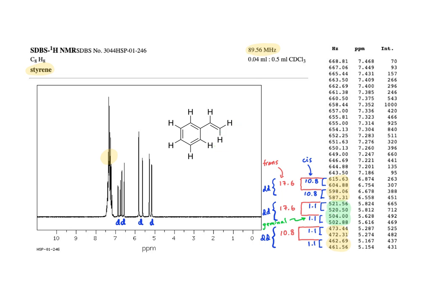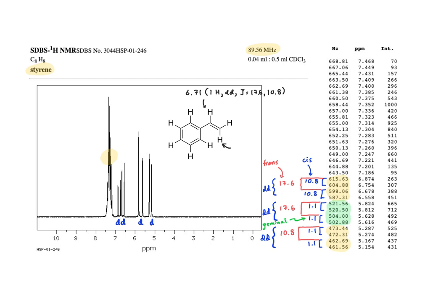We'll now assign the specific alkene hydrogens. The first one is at 6.71 ppm. This is 1H, doublet of doublets, coupling constants of 17.6 and 10.8. The next hydrogen is the one that's trans to the 6.7 peak.